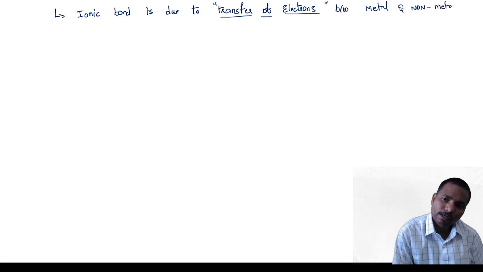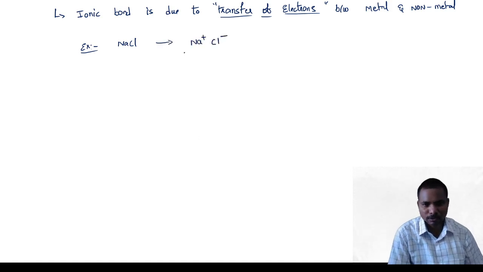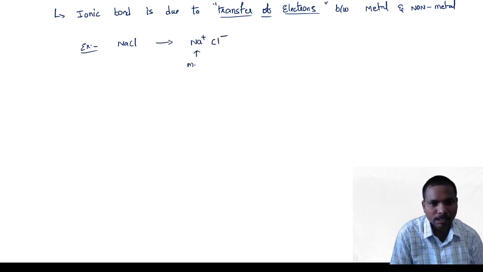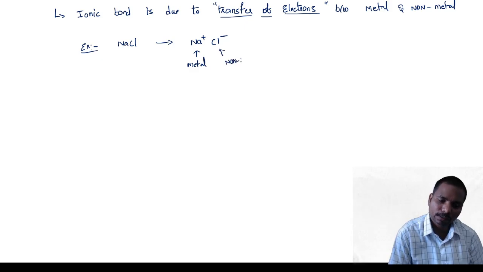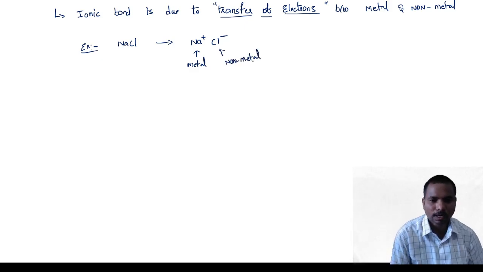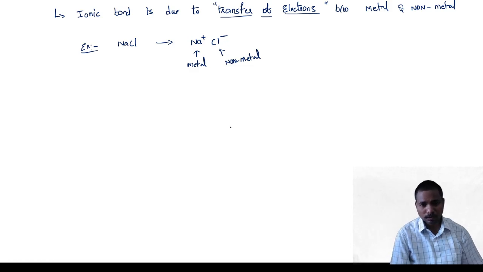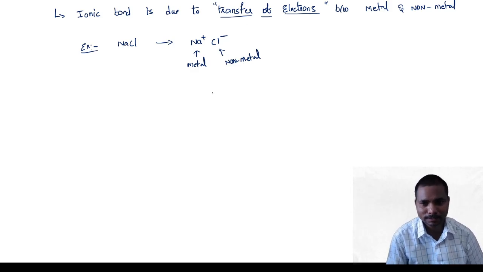Example, if you take NaCl, Na plus Cl minus. The metal is positive because it donates the electrons. Chlorine is a non-metal. Always these are trying to form an octet. Octet is a very stable state.